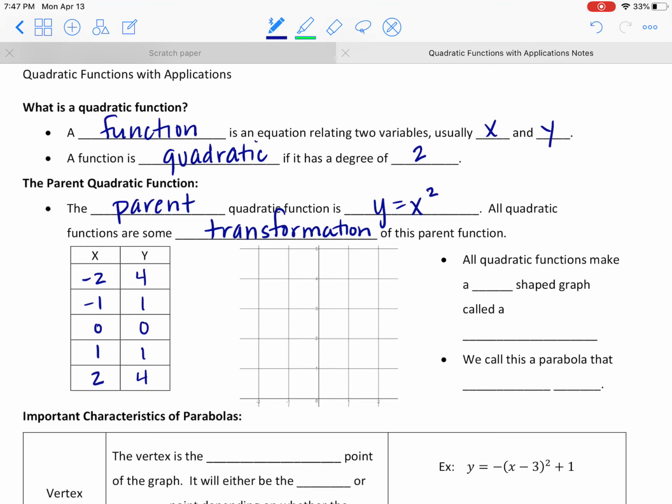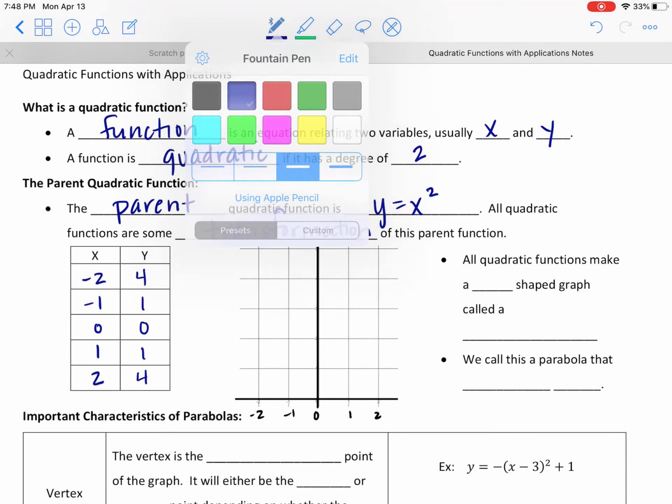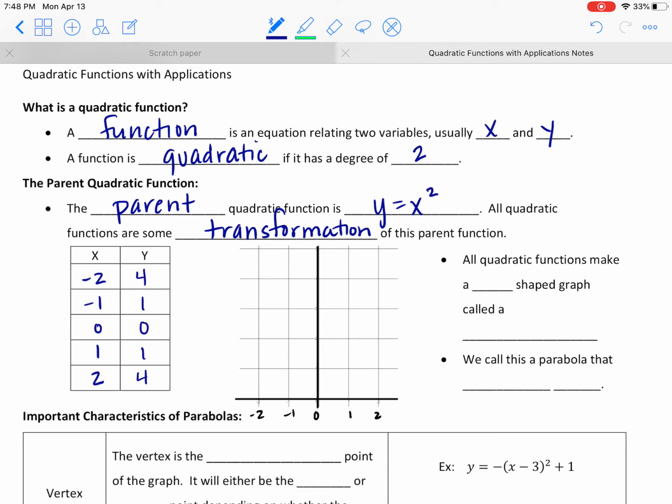Okay, so we're going to graph this function here, and I apologize for this graph. I meant for these to be the axes, and this to be the origin here, and then 1 and 2 and -1 and -2. I'm sorry that didn't show up so well, but we have a point on our graph.